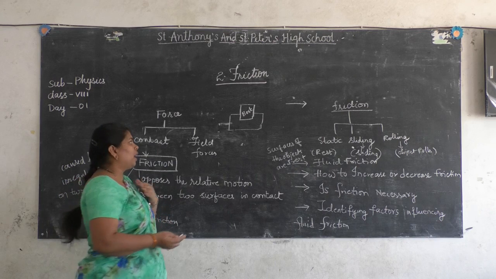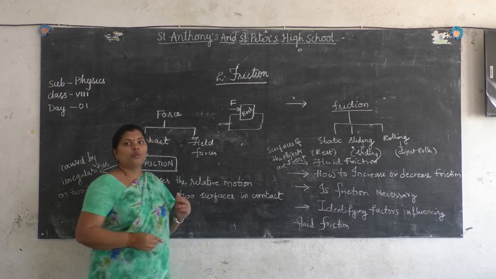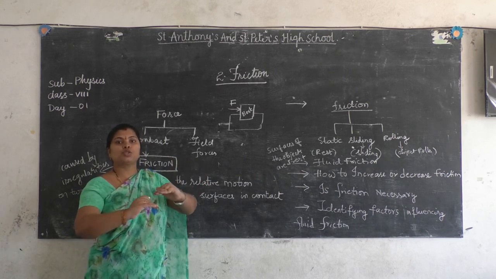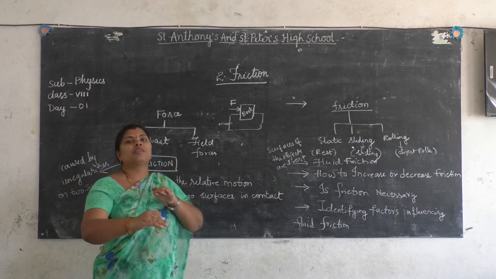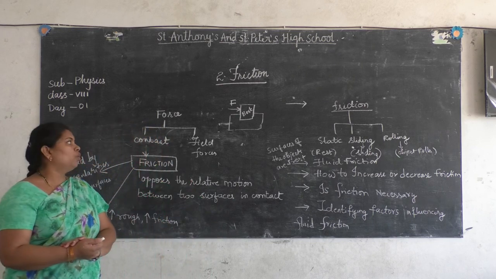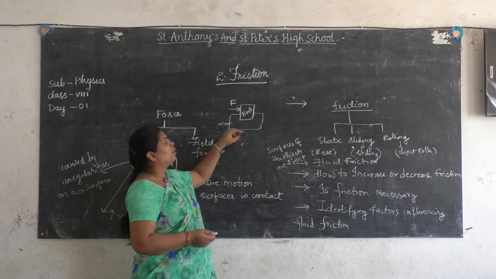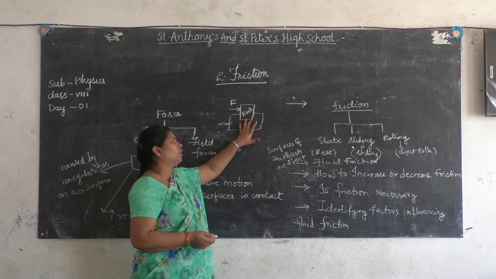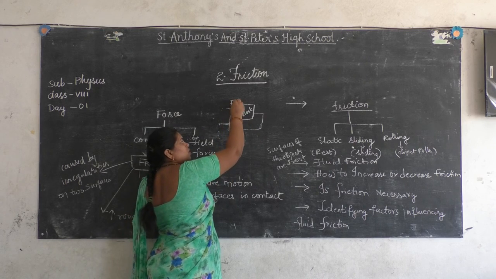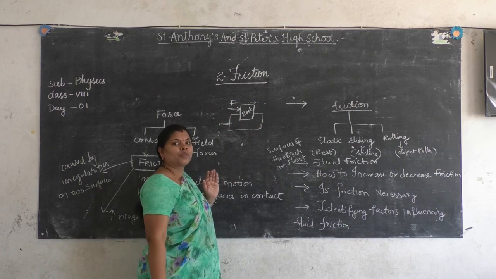Now, I will apply some force on the book. When we start applying force, the book starts moving on the surface of the table. Because of the applied force, the book will be moving in this direction.